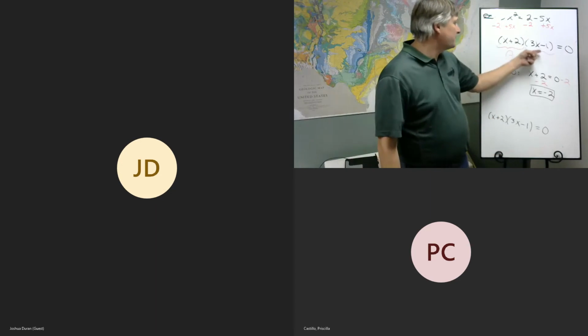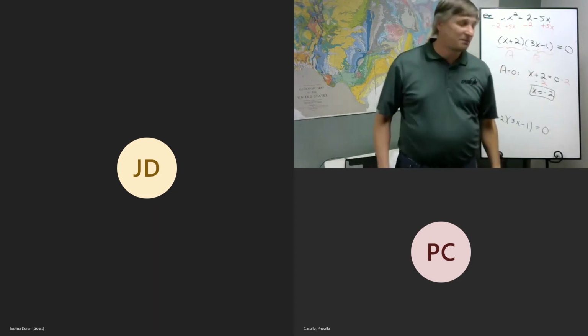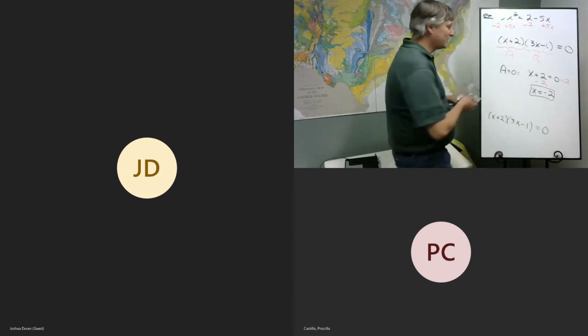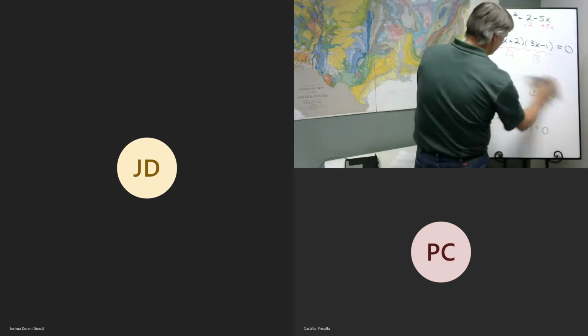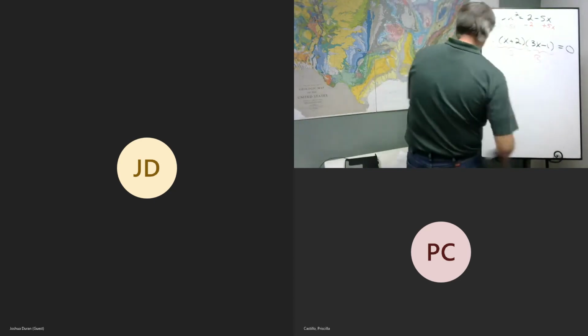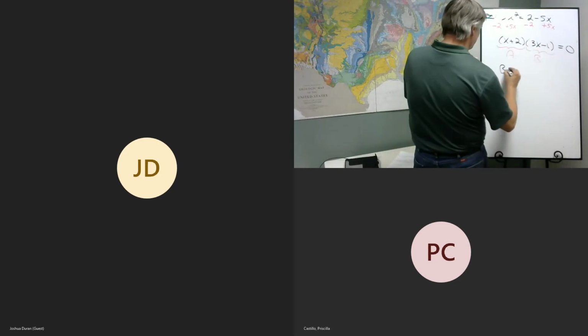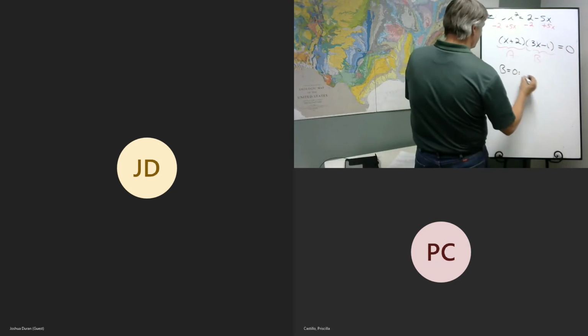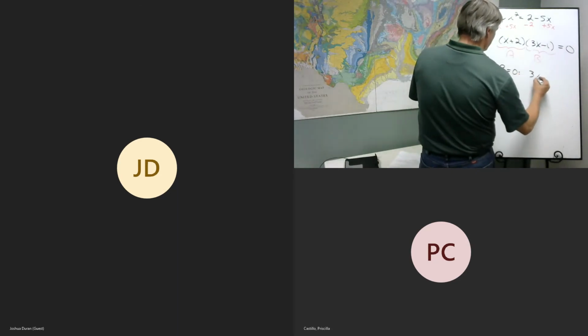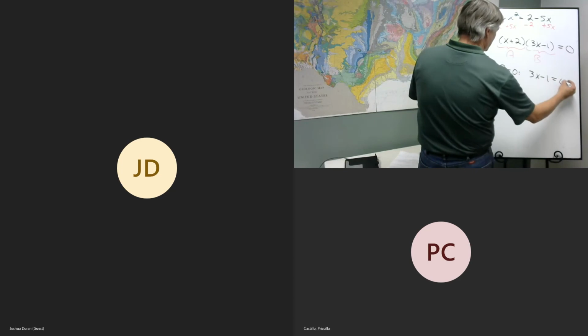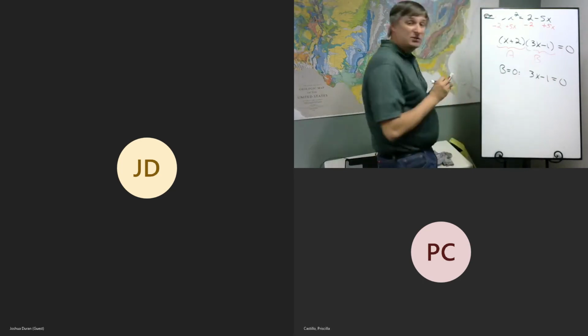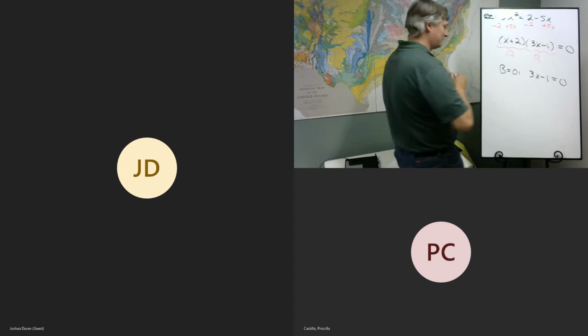But 0 times -7 will still be 0. Let's continue on. So now we got to have B equal to 0. So there's B, and then we solve for x.